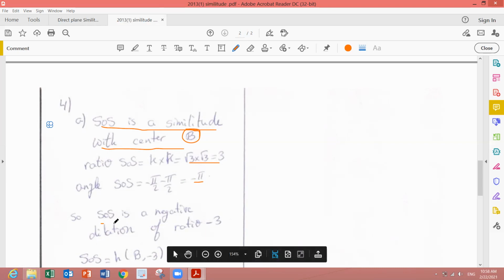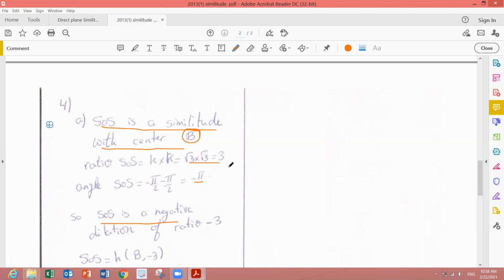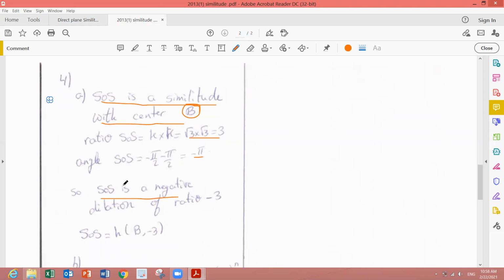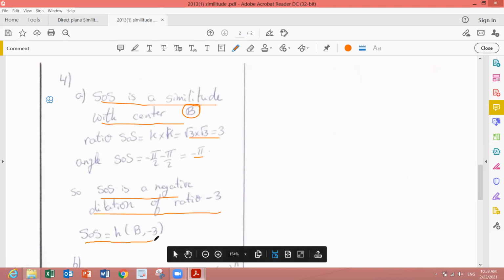If the angle is zero, we get a positive dilation or a translation. With minus pi we get a negative dilation. Pi or minus pi is the same. S round S is a negative dilation of ratio minus 3. So S round S is a dilation with center B and ratio minus 3.